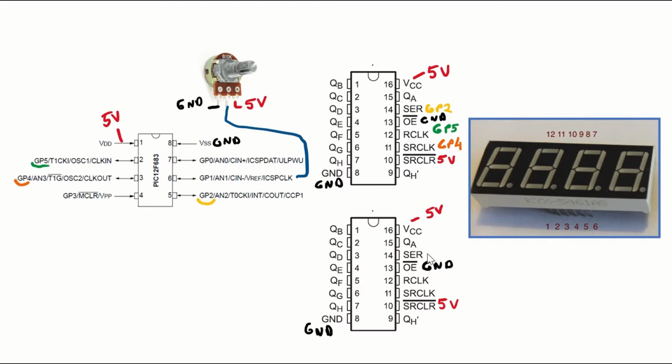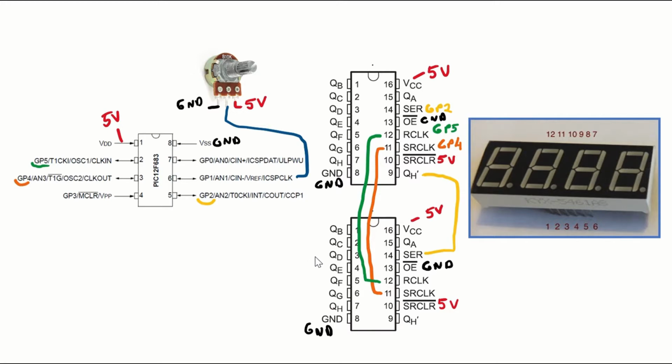The serial input pin of the second shift register is going to be connected to pin 9 of the first shift register. And we also should synchronize the shift register clocks and the storage register clocks. The outputs of the shift registers are going to be connected to the pins of the 7-segment display in the following order.